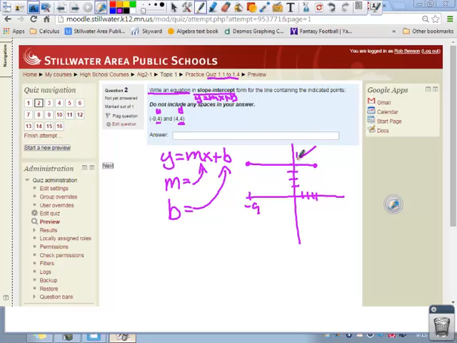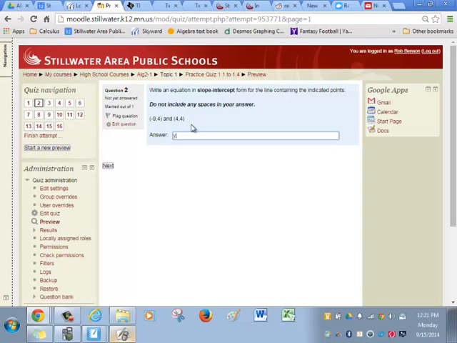Where does that flat line cross? It crosses when y is equal to 4. So because the y's are the same and they're both 4, the equation is y equals 4. That's what you would plug in there. Let me set this up so you can check right away. Okay, let's go to the next one.